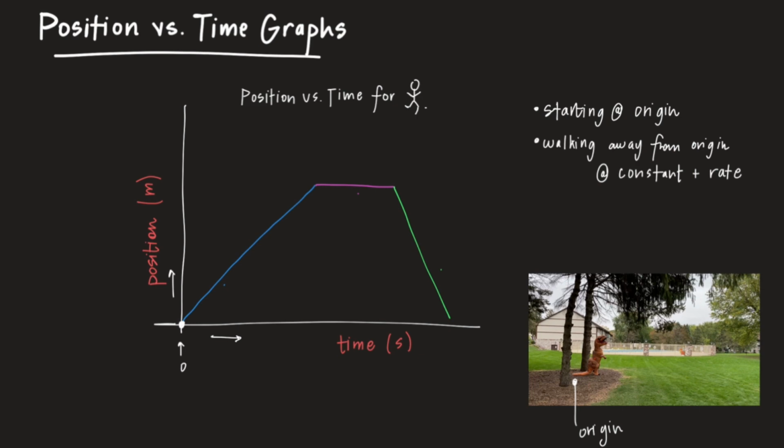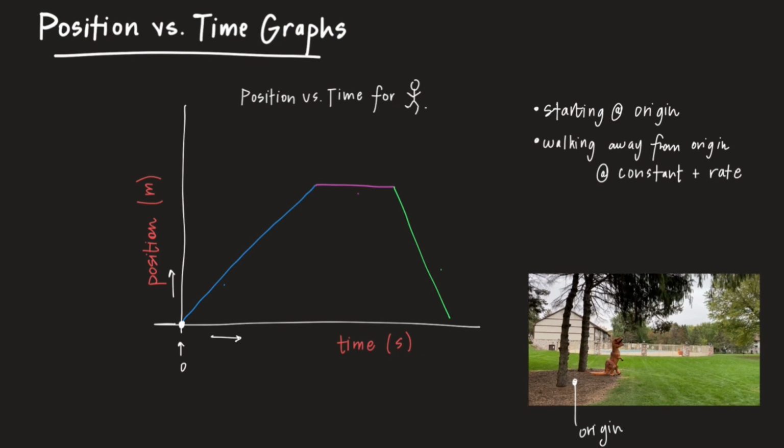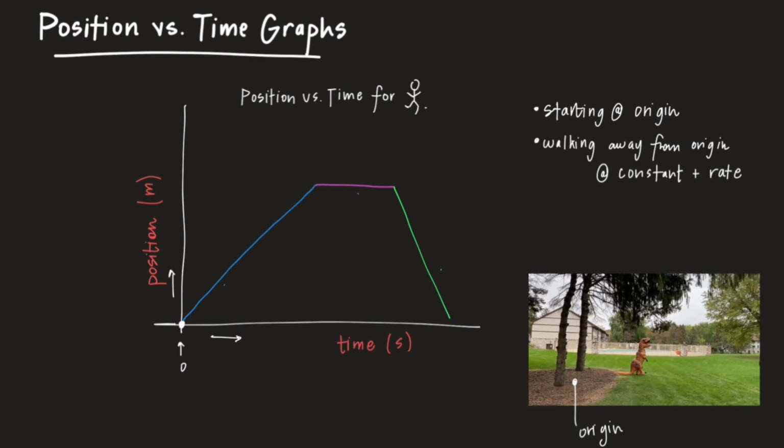Just like I did in the T-Rex costume, I was walking away from that tree. That's what that means. So again, we've got a positive slope there, a positive linear relationship. It's walking forwards away from the origin.